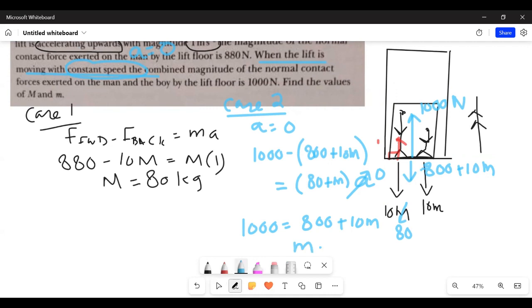Yes, 20 kgs. Find the values of capital M and small m. We've already done that. Okay, next question.